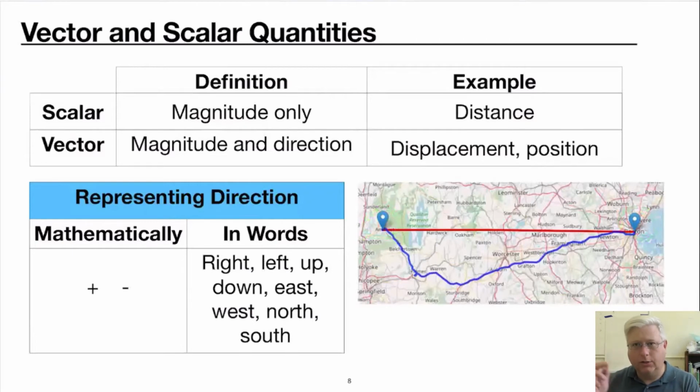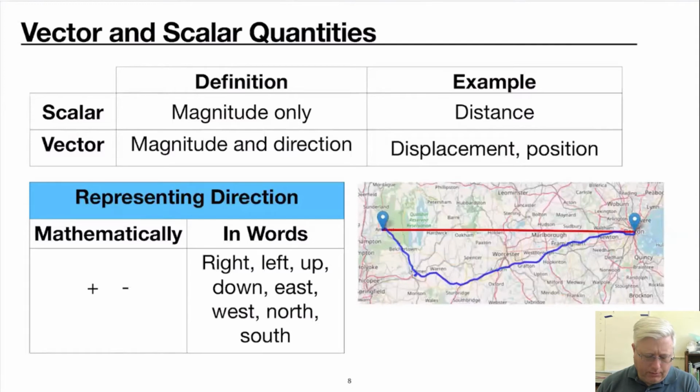So there's a direction associated with it. It's not just how many miles, but how many miles and in what direction. The same with position, because we have to reference something. So like with latitude and longitude, we're north and west a certain amount. So there's a direction involved.